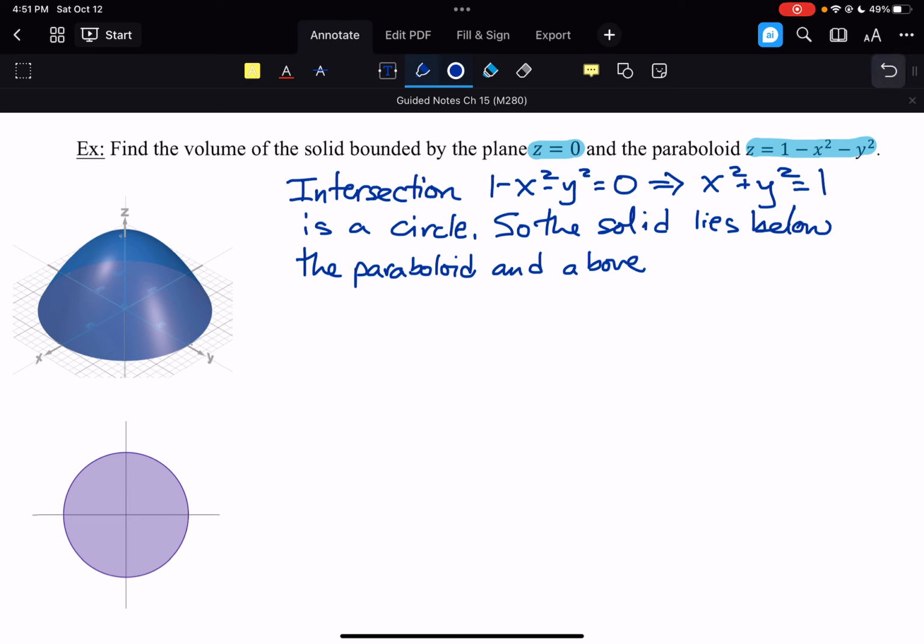So that's a circular disk, x squared plus y squared less than or equal to 1. So it's everything inside of that circle.